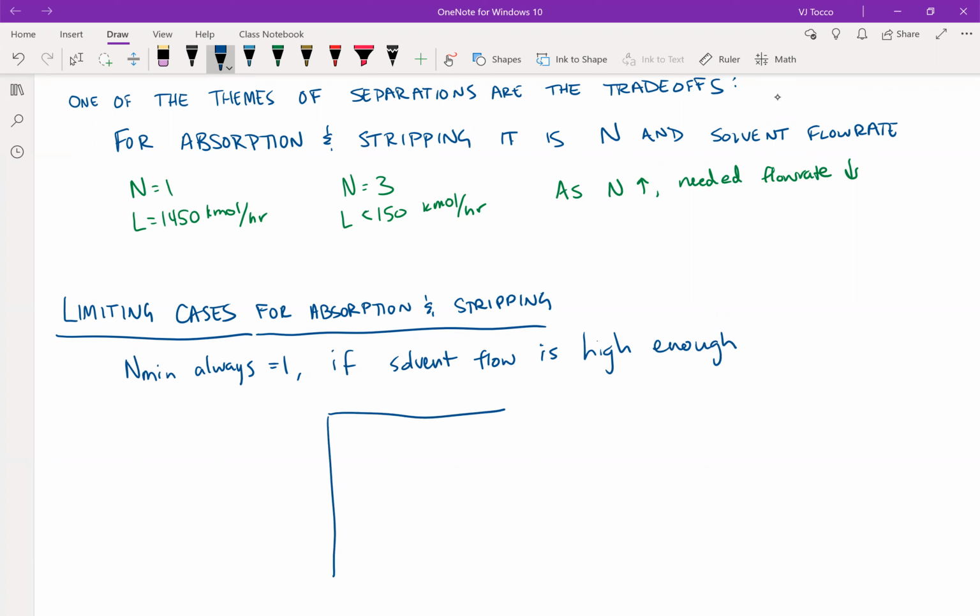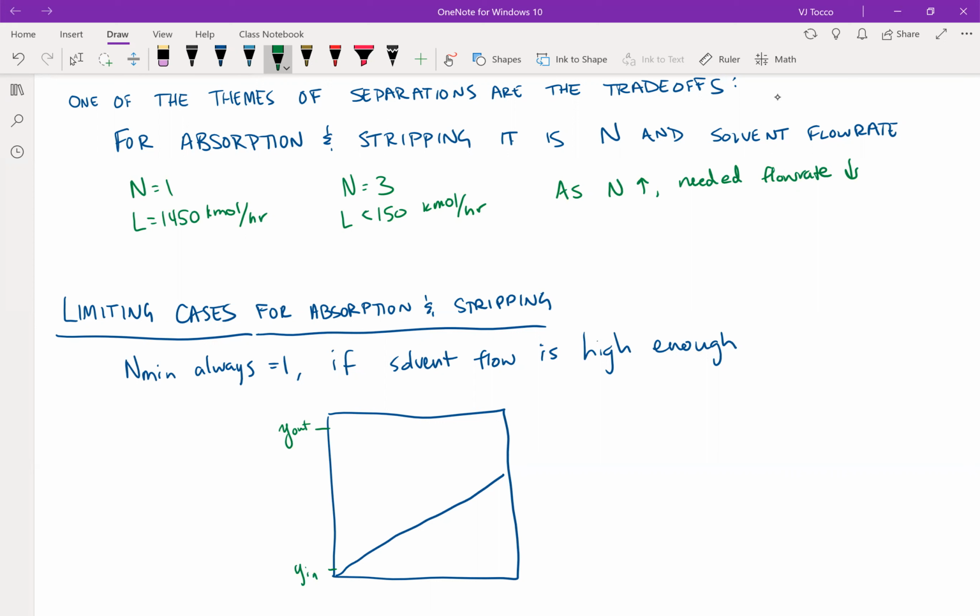When you start off with drawing your plot, once again, you always know what your equilibrium data is going to look like, always going to be linear. And no matter what your y in and your y out specified are, you can always do it in one stage.